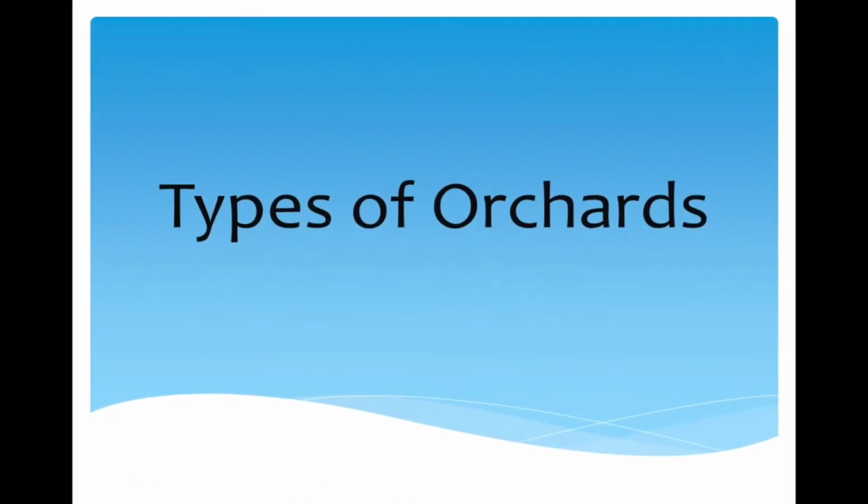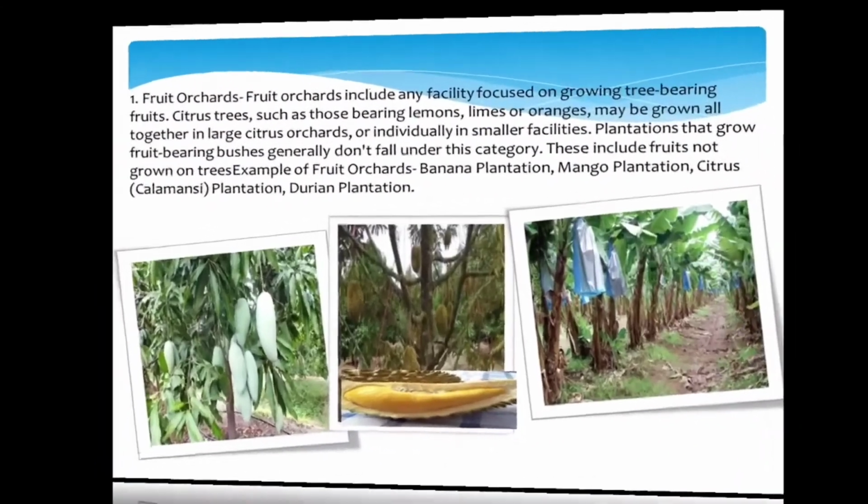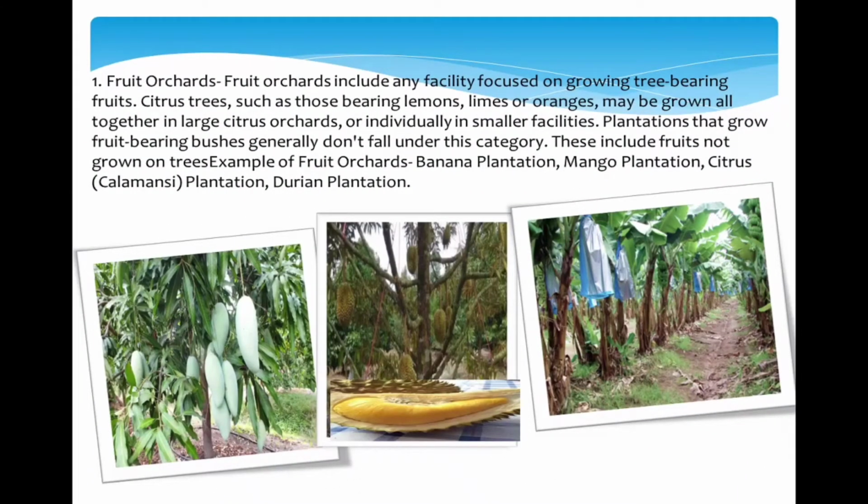So there are types of orchards. First is the fruit orchards. When we talk about fruit orchards, it includes facilities focused on growing fruit-bearing trees, like citrus trees: lemons, limes, and oranges may be grown all together in a large citrus orchard or individually in smaller facilities.